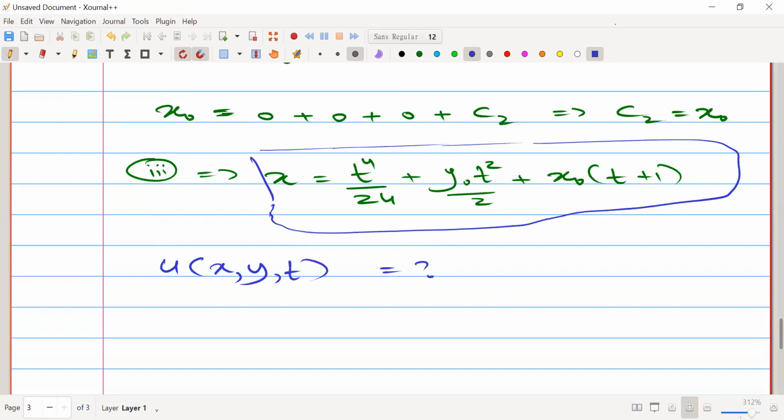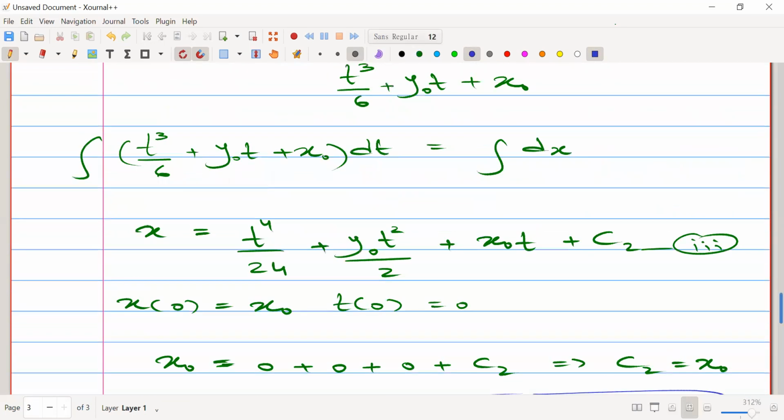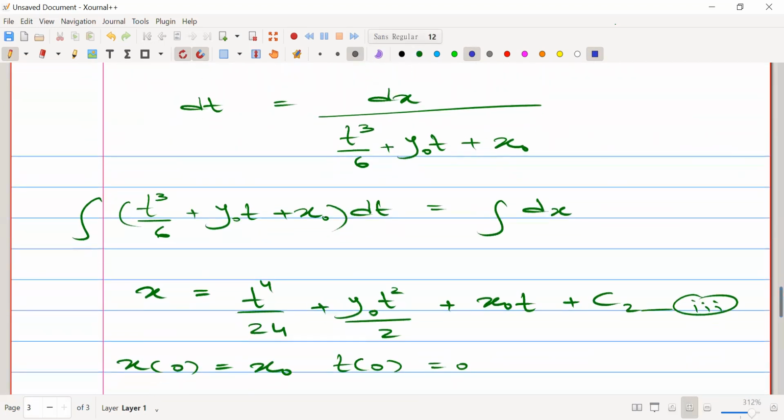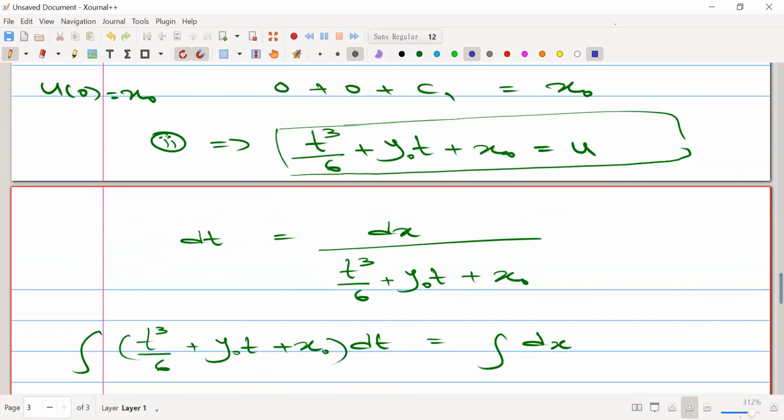Okay, so now we can just use some substitutions. As we can see, here we have u equals t cube over 6 plus y naught t plus x naught. If we are able to find these x naught and y naught, then we are just going to answer the problem for u.